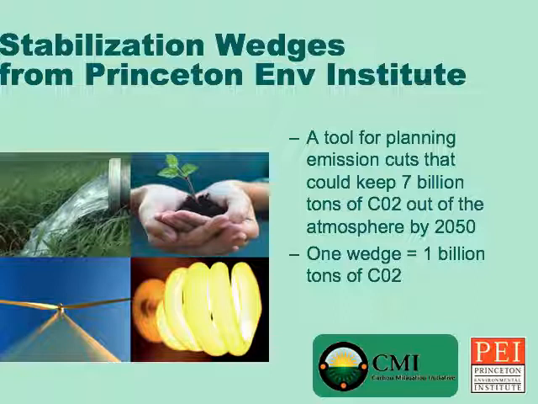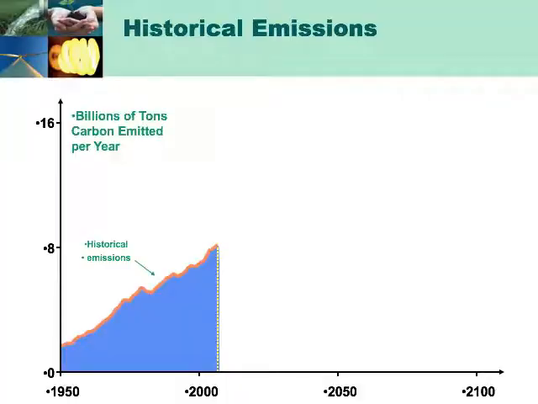Stabilization wedges is a concept that was first presented many years ago, and it continues to be a possible solution for places like the United States that need to grapple with changing our technologies over the next 50 years. So on this graph, it shows us the last 50 years and how our historical emissions have been going up and up and up. We've been climbing for the last 50 years, which is not a good thing.